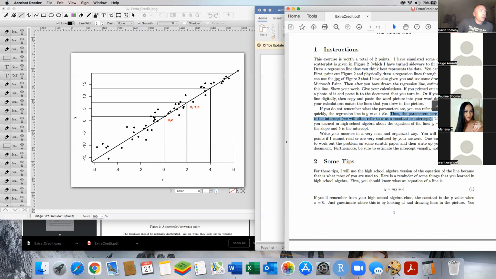It's beta, which is the slope, and alpha, which is the intercept. This is the exact thing you learned in high school, the line y equals mx plus b, where m is the slope and b is the intercept.